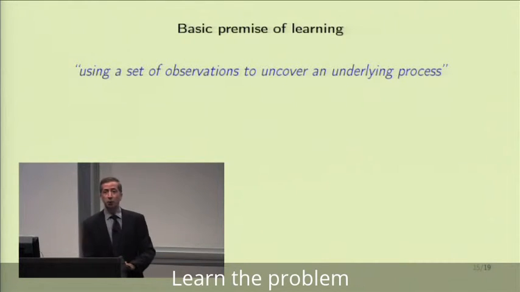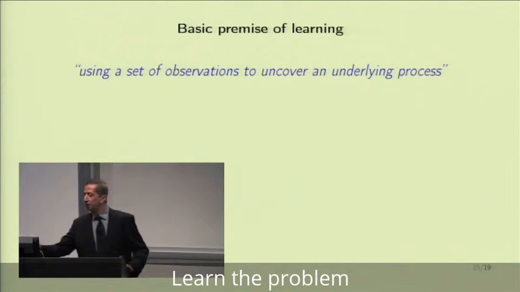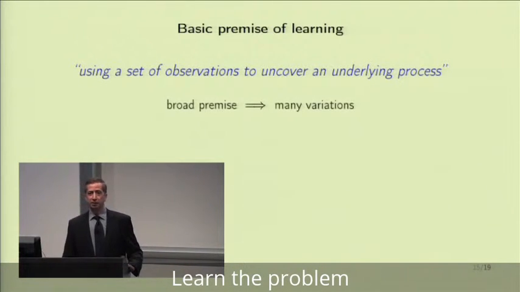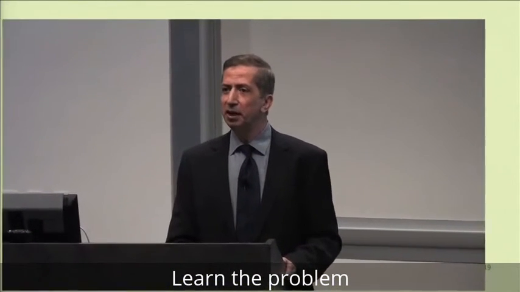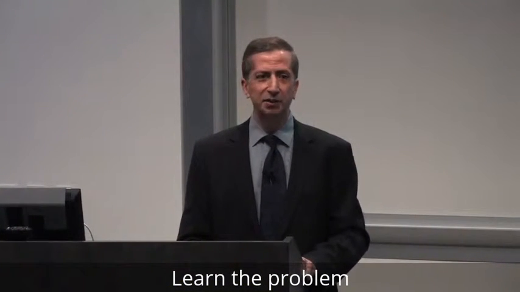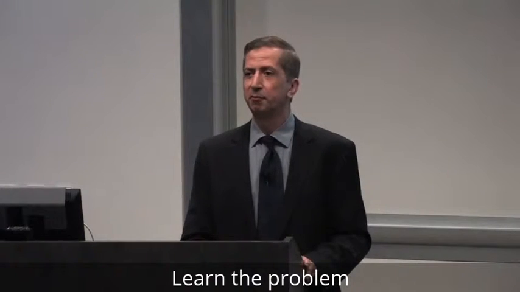You use a set of observations, what we call data, to uncover an underlying process. In our case, the target function. Now, you can see that this is a very broad premise. And therefore, you can see that people have rediscovered that over and over and over in so many disciplines. Can you think of a discipline other than machine learning that uses that as its exclusive premise?